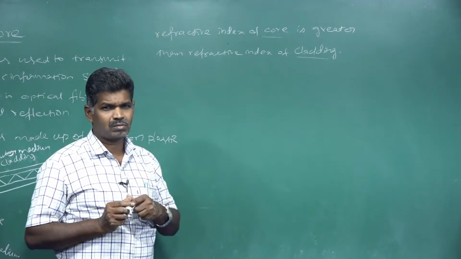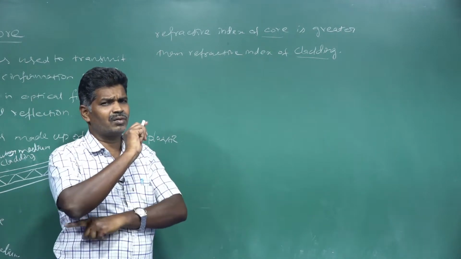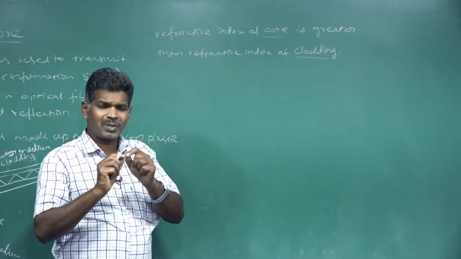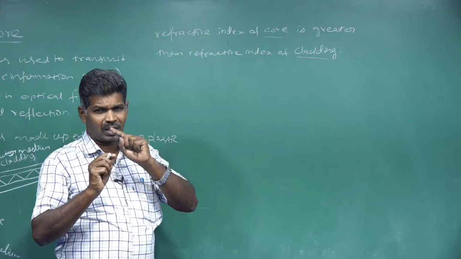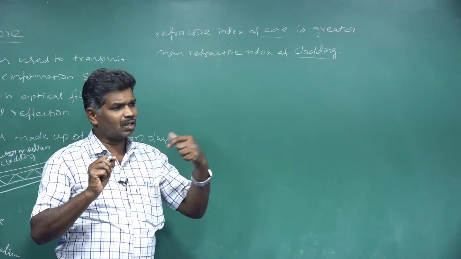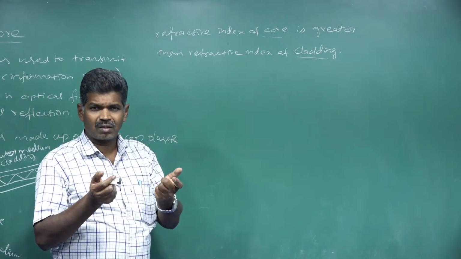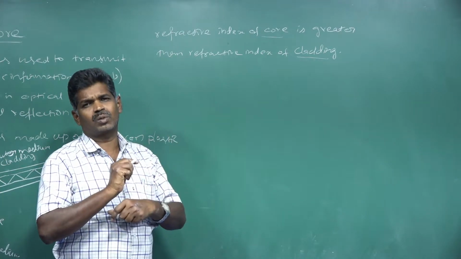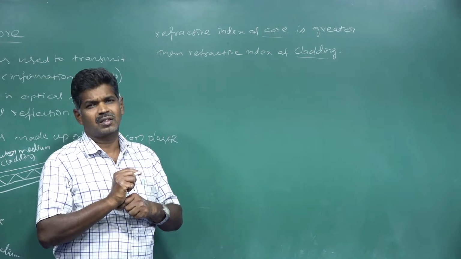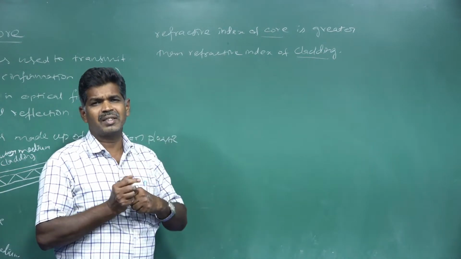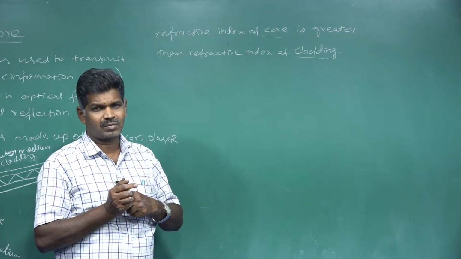will come out. But for what purpose are we using this? Transmitting a signal from one end to another end. Between the beginning and the end, the signal should not come out. So one of the most important angles is named the acceptance angle.